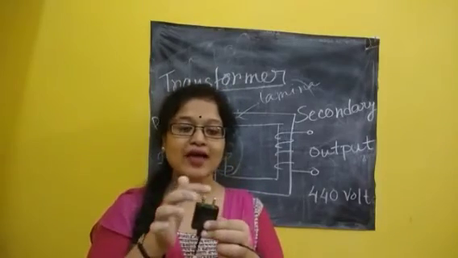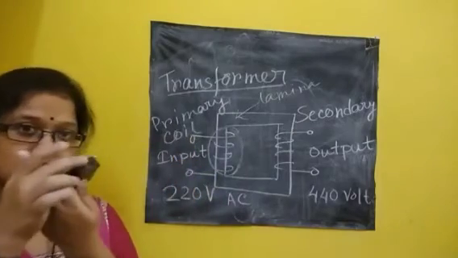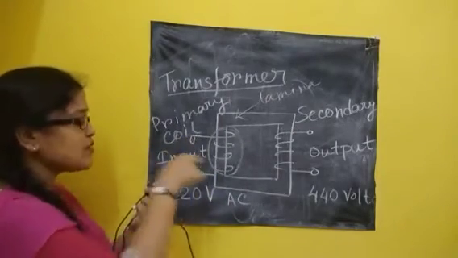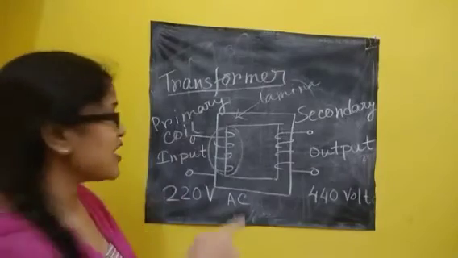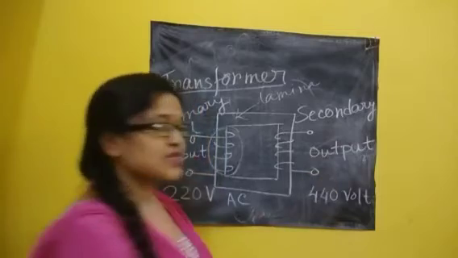By these two terminals, there is a winding, inside that there is a coil like that, and output we are getting from the second pole.